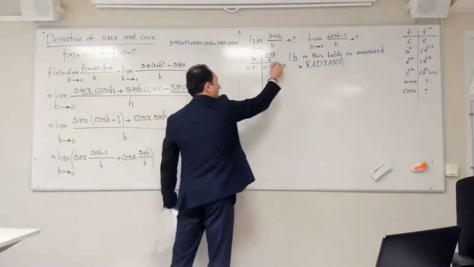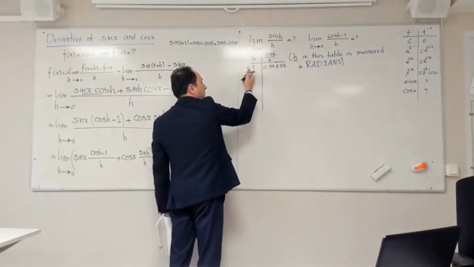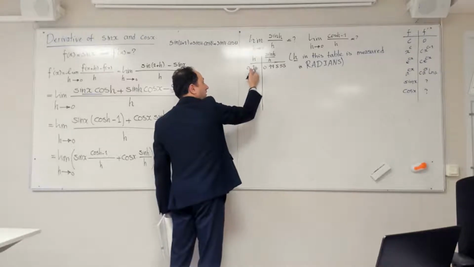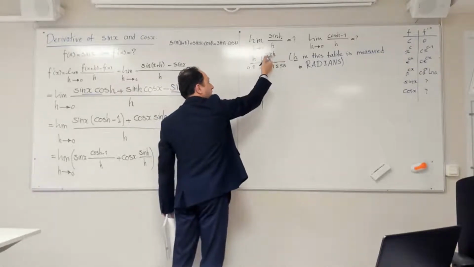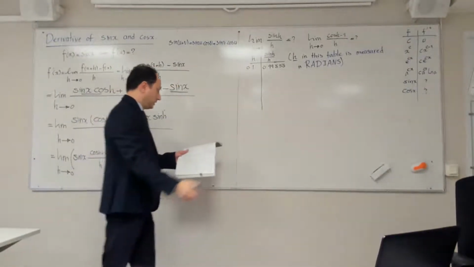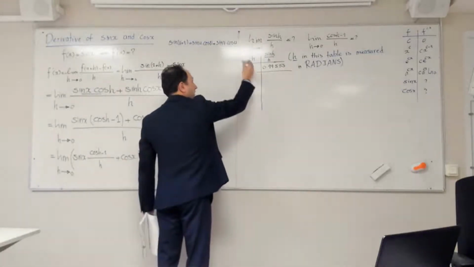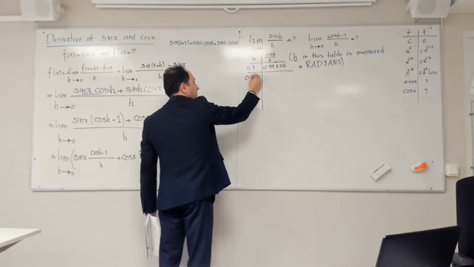Again, I emphasize, switch your calculator to the radian mode. Plug 0.1 in the radian mode in this function, sine of 0.1 divided by 0.1, use your calculator, you will get this number. Then make this number a little bit smaller, because I'm supposed to send h to 0.